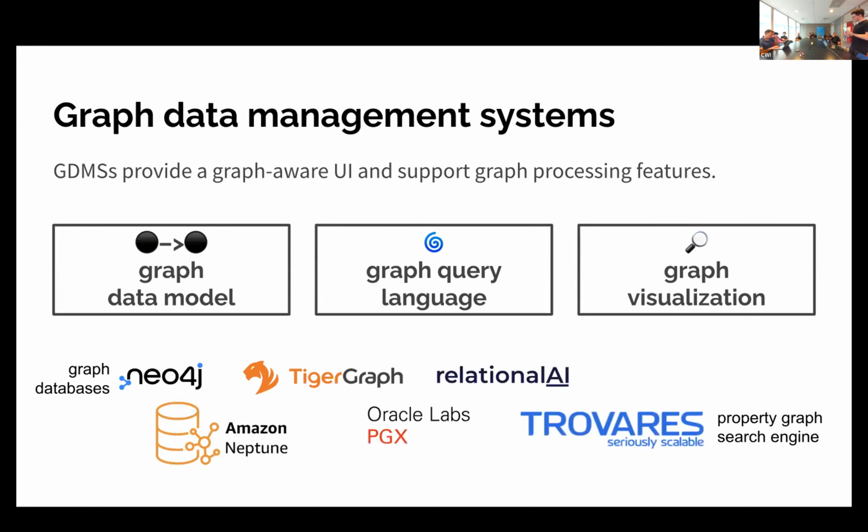And this became very popular in the last decade. So we now have a bunch of graph data systems in various categories. One popular category is transactional systems like Neo4j and Amazon Neptune. There are also more analytical systems like TigerGraph, RelationalAI, and Oracle PGX. But also we have graph search engines like Travaras.